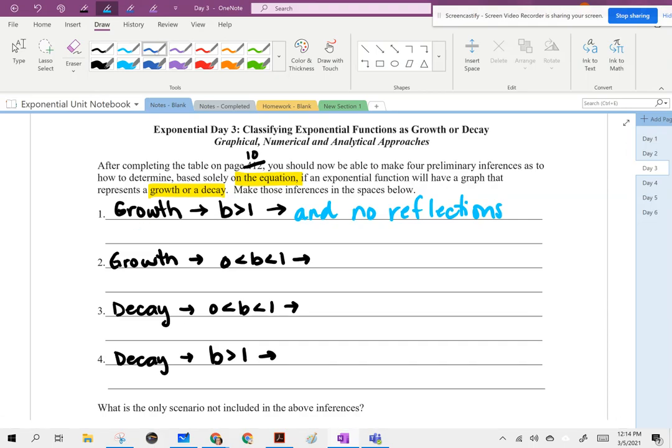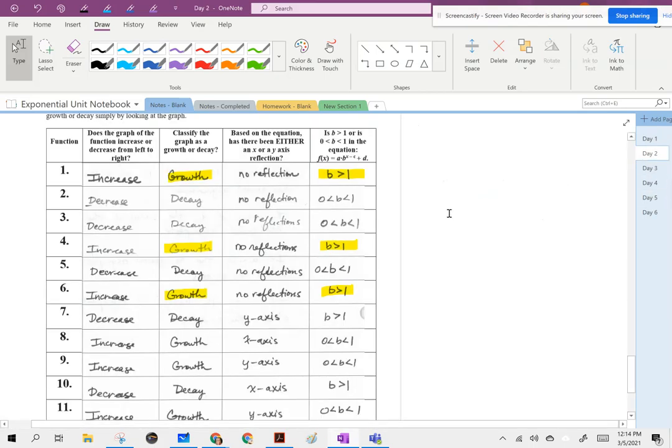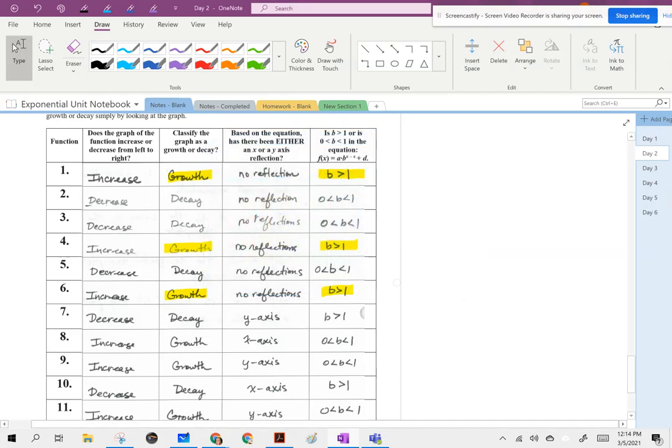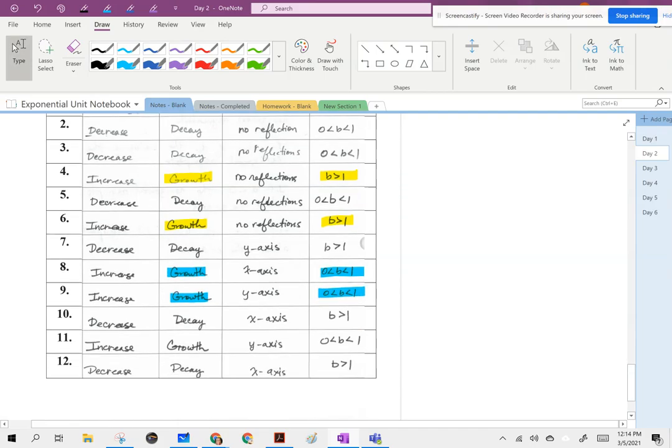Okay, so now let's go back and look where there's growth, but where the b value is between 0 and 1. So let me change my highlighter here. And we're looking for growth where b is in between 0 and 1. So growth, let's take a look at this. All right. So now let's take a look at the number of reflections.